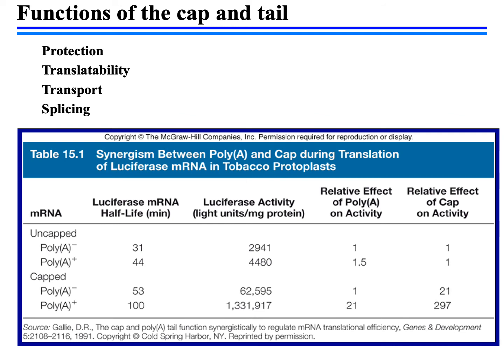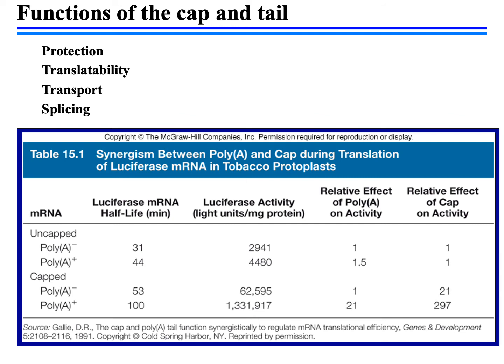So for example, there were uncapped messenger RNAs that also did not have a poly A tail, indicated as poly A minus, or an uncapped messenger RNA that did have a poly A tail, noted as poly A plus. Conversely, they had capped messenger RNA that did not have a poly A tail, poly A minus. And lastly, capped messenger RNA that did have a poly A tail, poly A plus. So you have every combination of cap and tail.